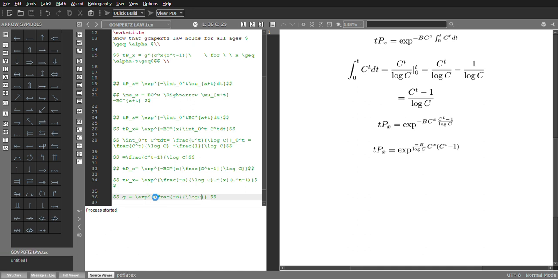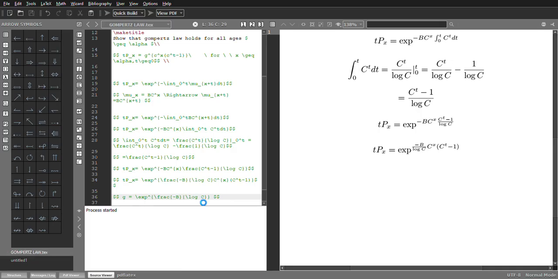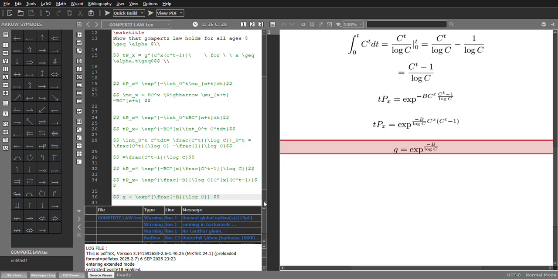So what we are remaining with here, oops, we have an error. We have undefined control. So that is undefined. Okay, yeah.